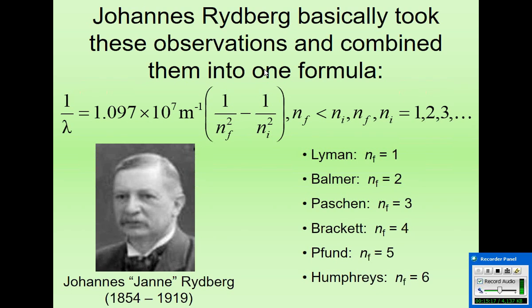When n final equals 3, 4, 5, 6, you recover the infrared wavelengths discovered by the other scientists that we've discussed. So it's a very good formula for all sorts of different wavelengths emitted by hydrogen, whether it's visible light, ultraviolet light, or infrared light. And this formula is very accurate. The question is why, but it does a pretty good job of allowing us to figure out these wavelengths.